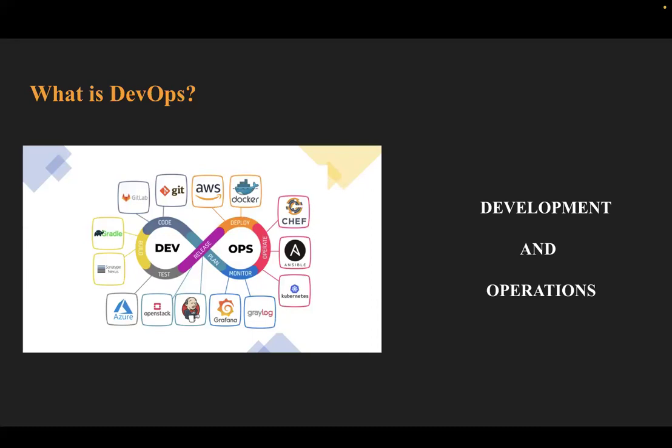In the deployment stage, we have Docker and Kubernetes. To automate deploying applications onto the servers, we have Jenkins, GitLab CI, something like that. A few are popular and a few are non-popular, but tools are there in each and every stage of DevOps. So that is DevOps.